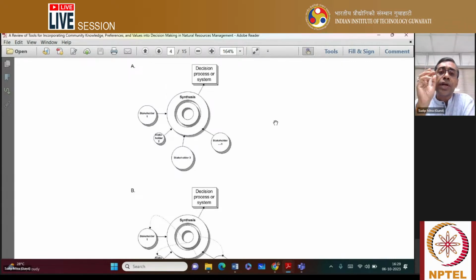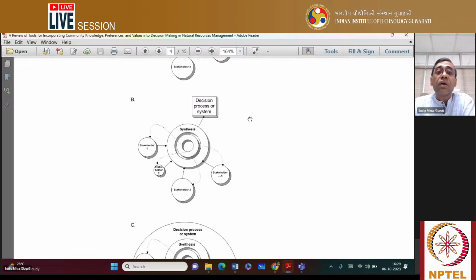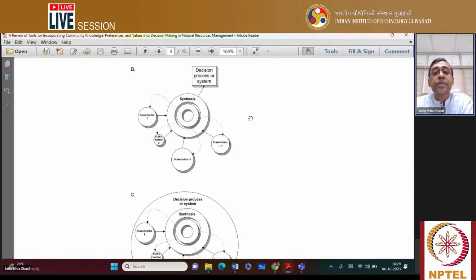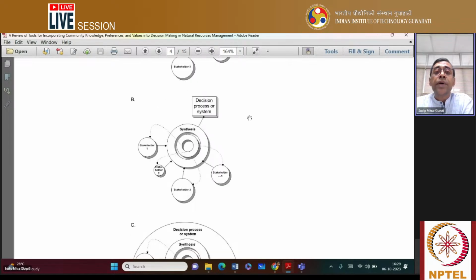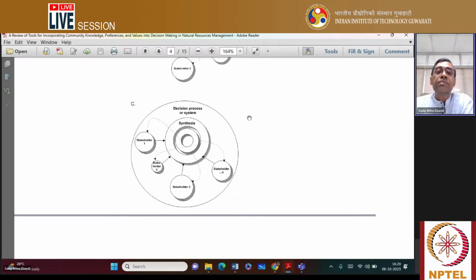Now, for any decision making process, as I said, the stakeholders or the people are the key players, along with the ecosystem. Whenever we make a decision on the basis of the ecosystem and the people, it is based on people's requirements and needs.